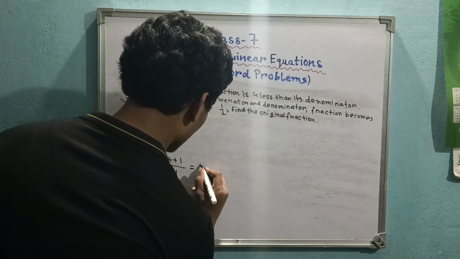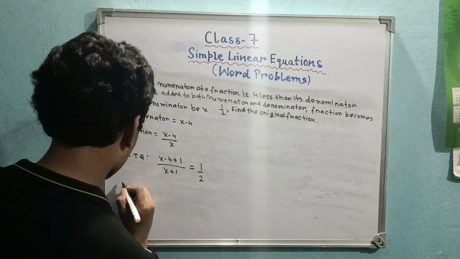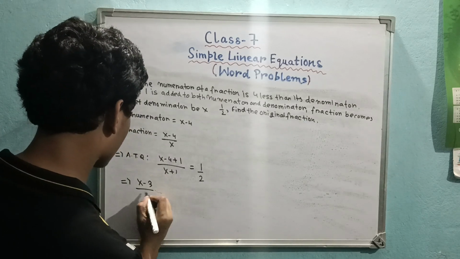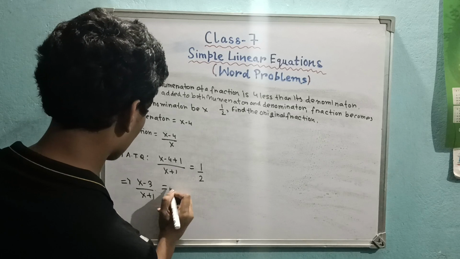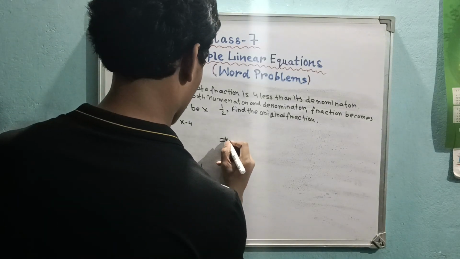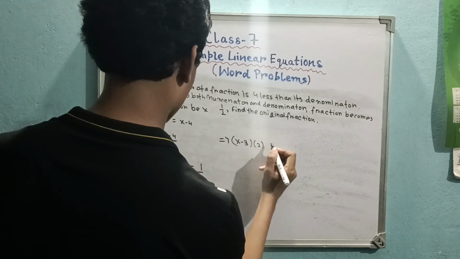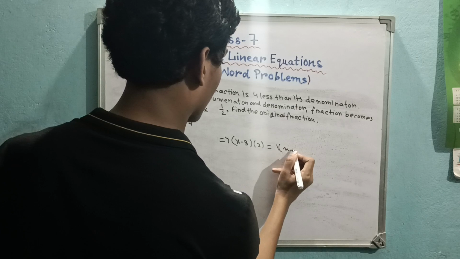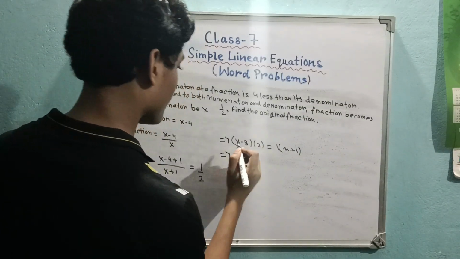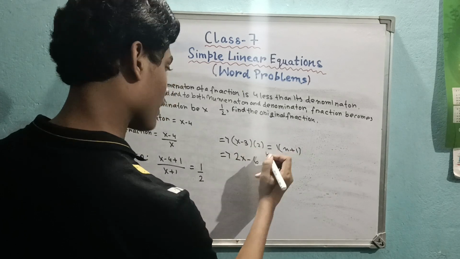So this will be equal to 1 by 2. Now simplifying, x minus 3 by x plus 1 equal to 1 by 2. Let's do cross multiplication. x minus 3 into 2 equal to 1 into x plus 1. Very good. Or I can write 2x minus 6 will be equal to x plus 1.